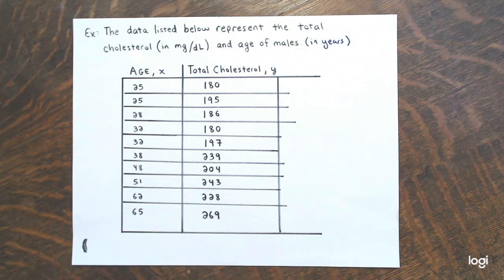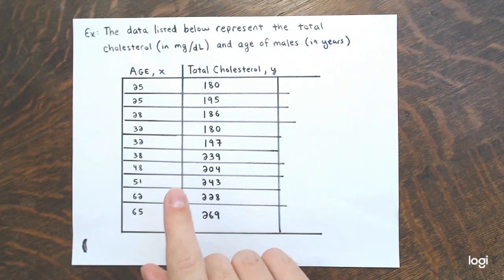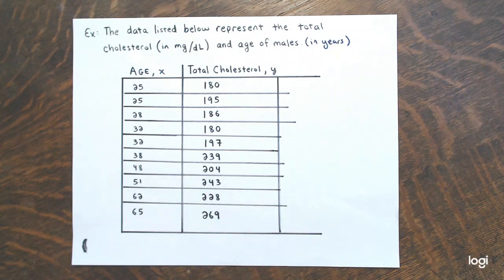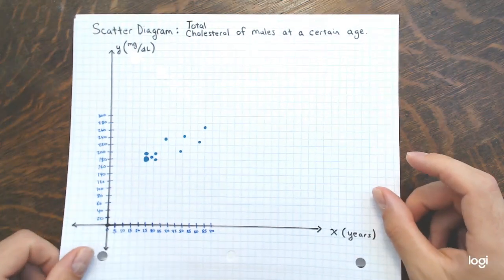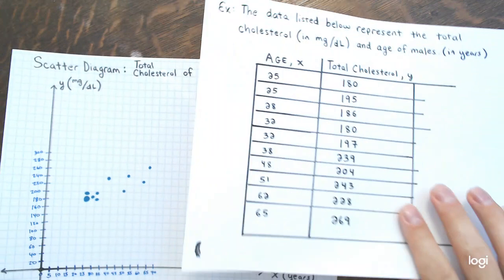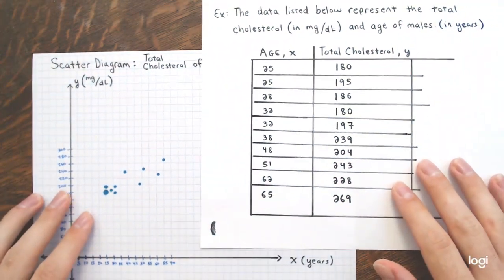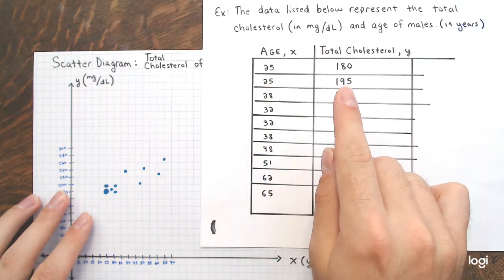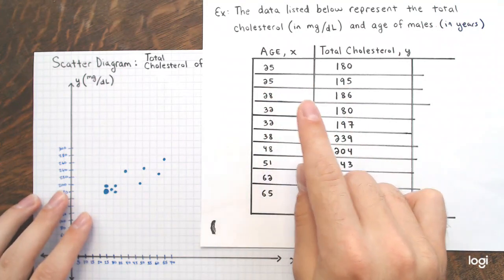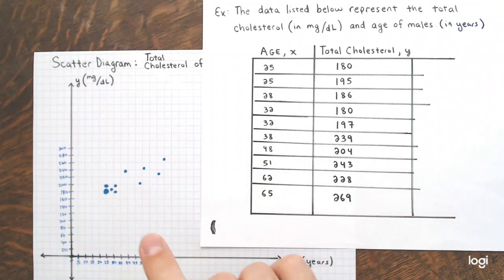In the first video in this 3-video series, we were asked to make a scatter diagram of this, which I did in that video, and here was the resulting scatter diagram. All of these ordered pairs, 25 to 180, 25 to 195, 28 to 186, etc., are plotted here.